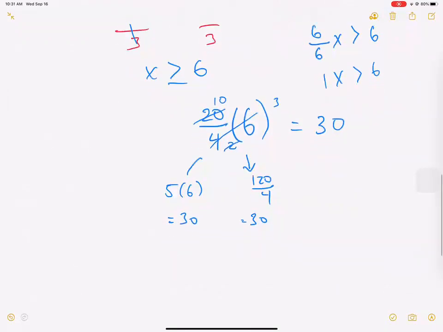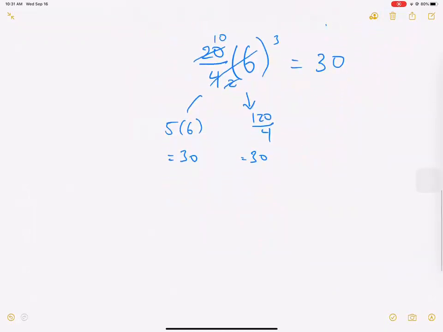Let's try this one more time. Pick another set of numbers. I'll pick 100. And we'll do 5. I'm going to multiply this by 20. We could say 20 times 100 is 2,000, and then divide that by 5.